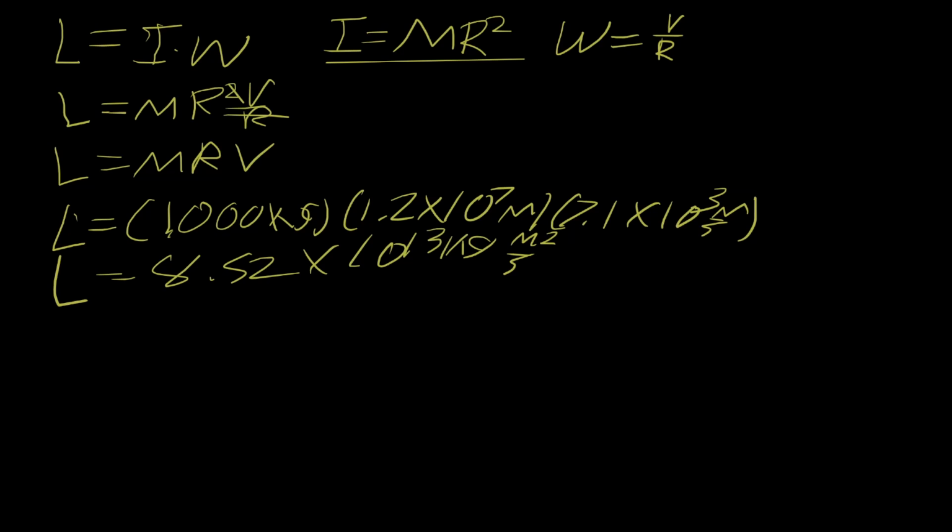Now that we calculated this at point A, we can use the idea of the conservation of angular momentum. Because the object has no external torque, the angular momentum at point A will be equal to the angular momentum at point B. Our next question asks us, what is the velocity of the satellite at point B?